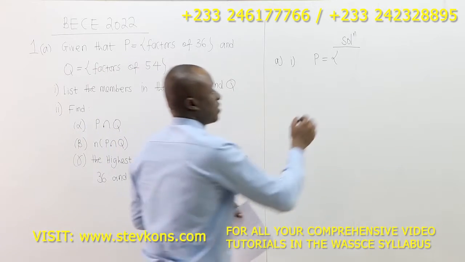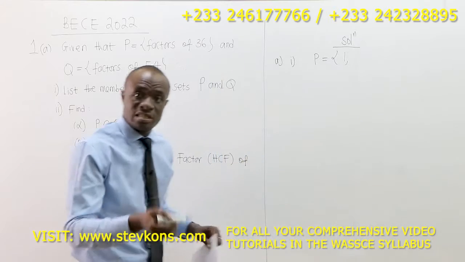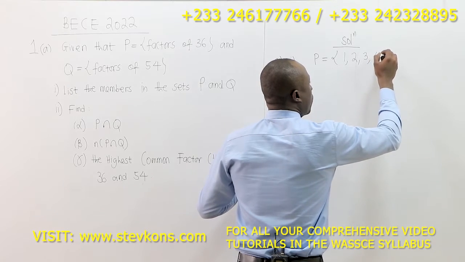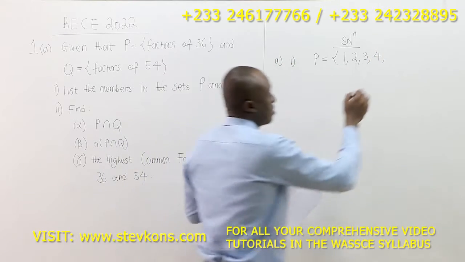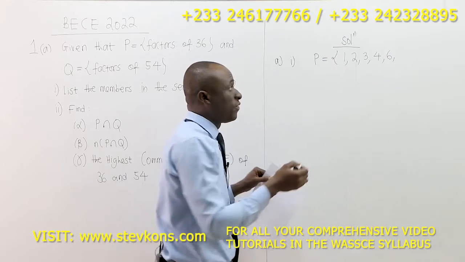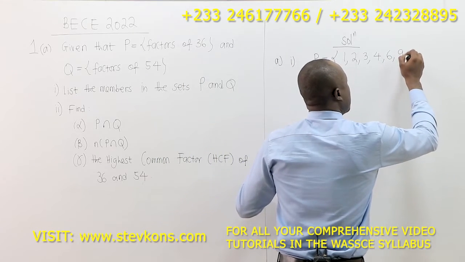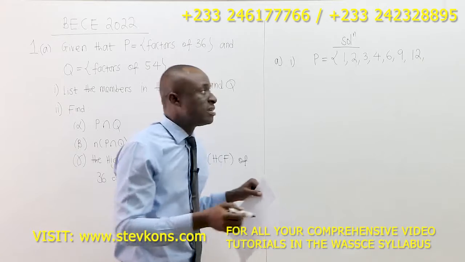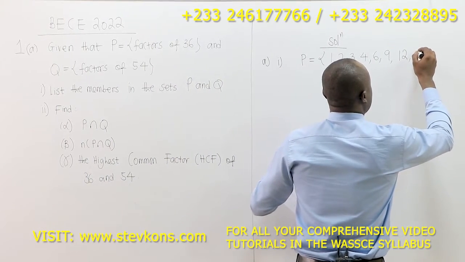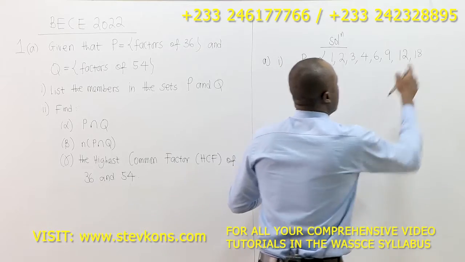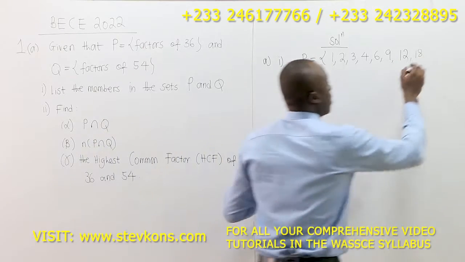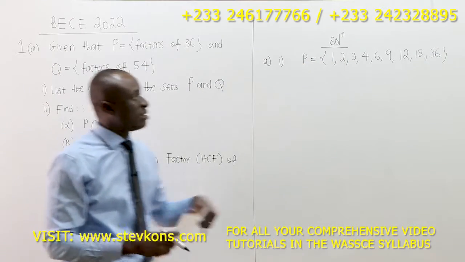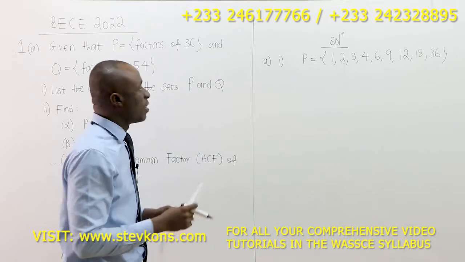So 1 is a factor of 36, then 2, 3, 4, 6 is also a factor of 36, 9 is a factor of 36, 12 is a factor of 36, and the next one is 18, 2 times 18 giving us 36, and then 36 itself. So these are the factors of 36. They can go into 36 without any remainder.